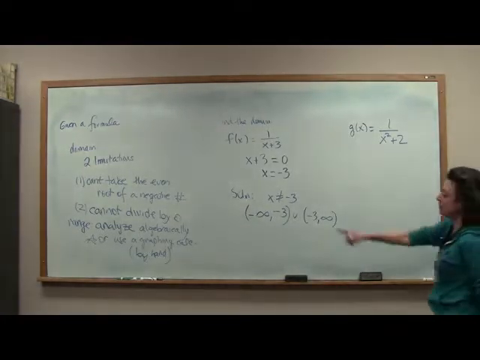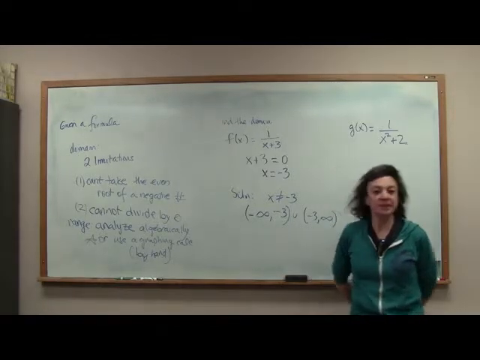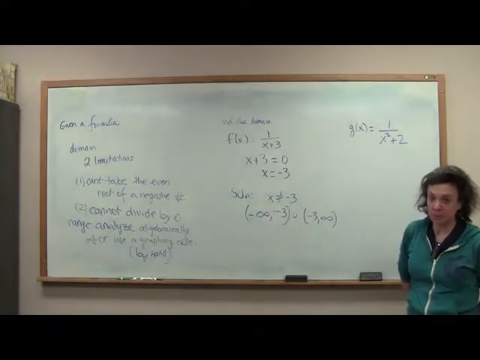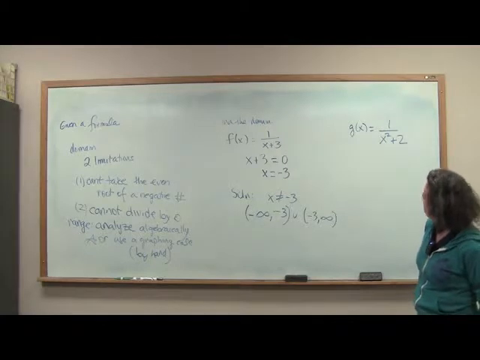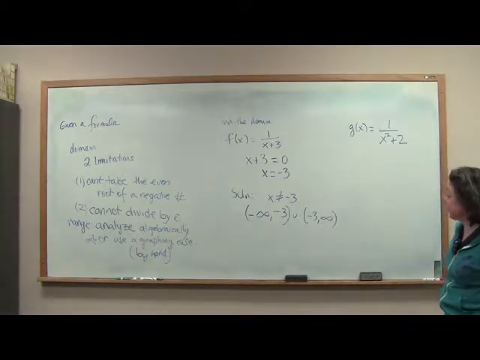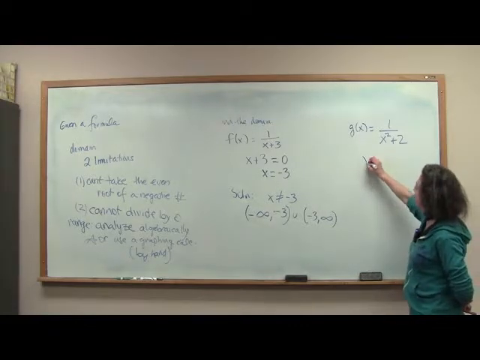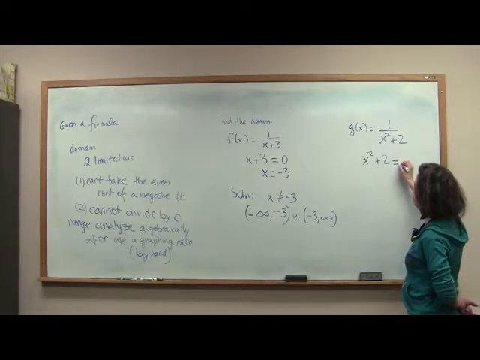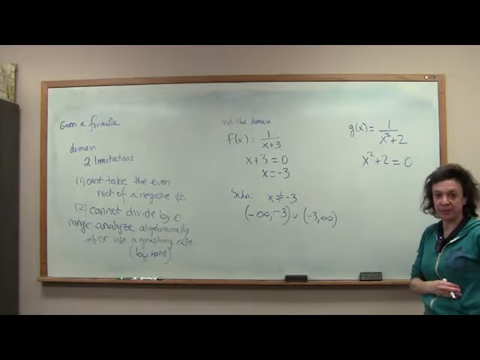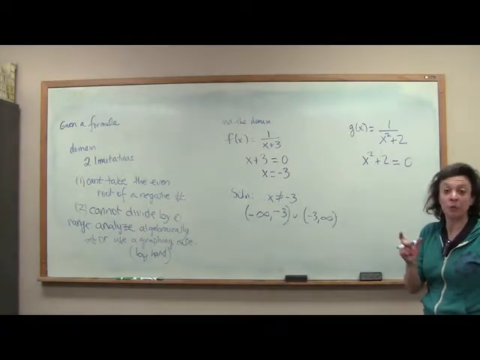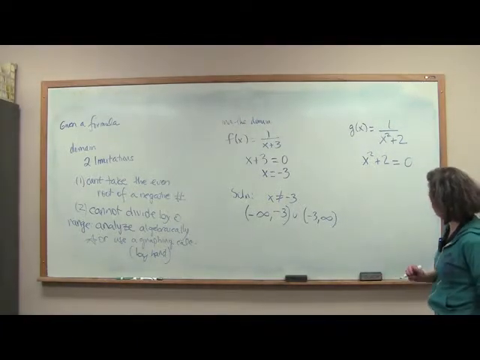I claim I don't need to deal with the first because I'm not taking any square roots or fourth roots. But I do have to deal with the second one. I have to worry about dividing by 0. So again, what I'll do is I'll take my denominator and set it equal to 0 to find out where those value or values may be.